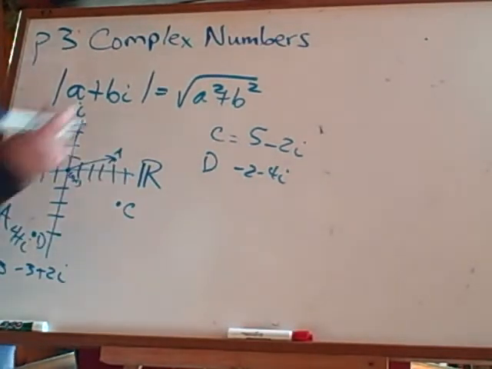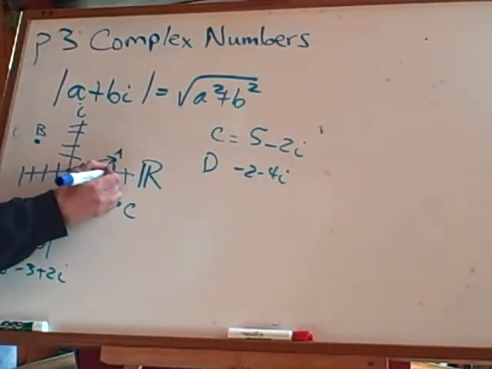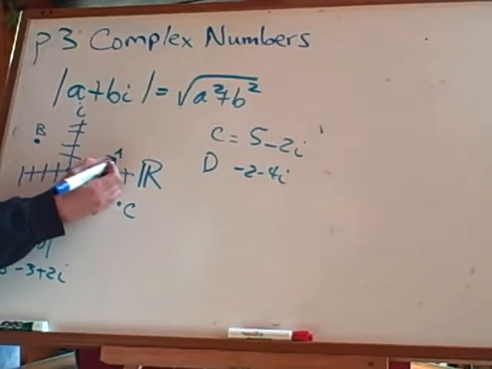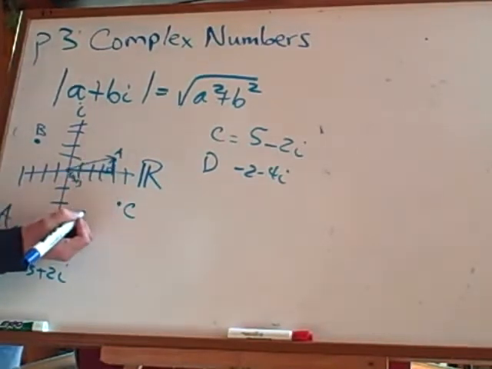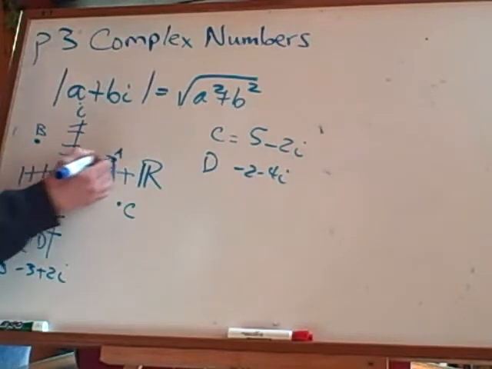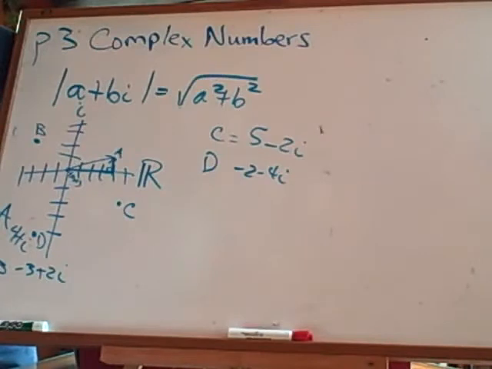Where they get their information is there's this length, and this length, and this makes a right triangle. This should look a lot like the Pythagorean theorem to you. Hypotenuse. Yeah, square root of a squared plus b squared equals c squared. That's exactly what you're doing. So you're finding this distance here, which is c, the square root of a squared plus b squared. Is that making sense? That's where it's coming from.